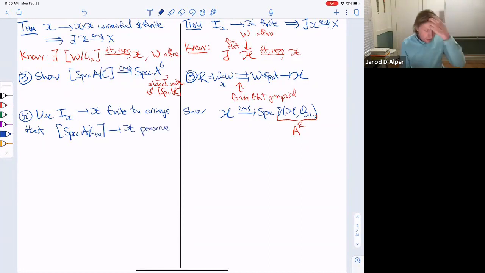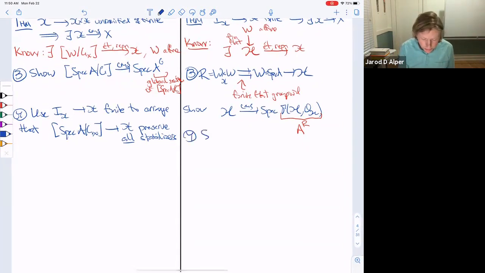That is, they induce isomorphisms on stabilizers at all points. And this is where we use the finiteness of the inertia. And on the right-hand side, it's the identical argument.